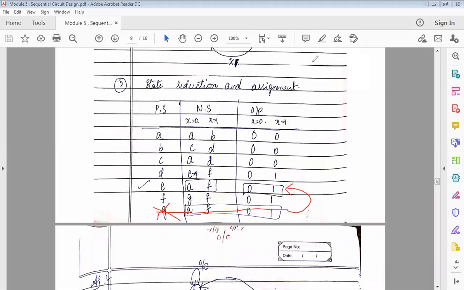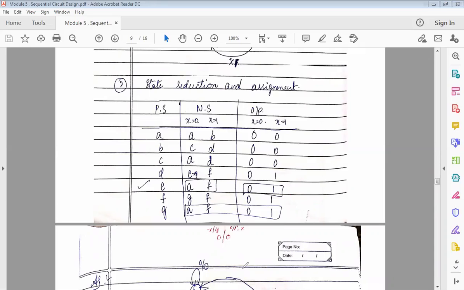Before we do that, we will draw a state diagram for this. After doing the state diagram, we will start the reduction of the states. Now, I hope all of you have taken down this, and I want all of you to start drawing the state diagram for this table.